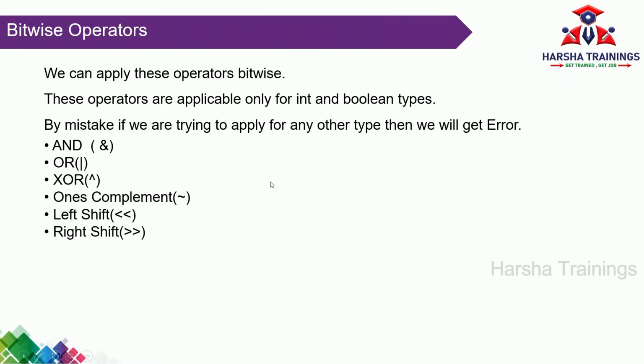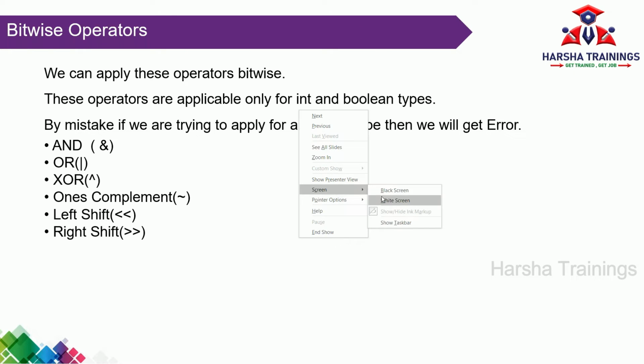Now the remaining two operators, left shift and right shift. These are also important operators. A is equal to 5. Left shift symbol is double less than.